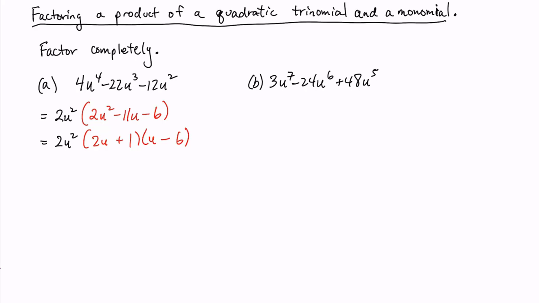Let's count how many factors we have. So we have one factor of 2. We have another factor of u, but we say with multiplicity of 2 because it counted twice.